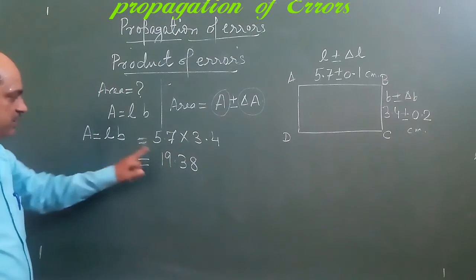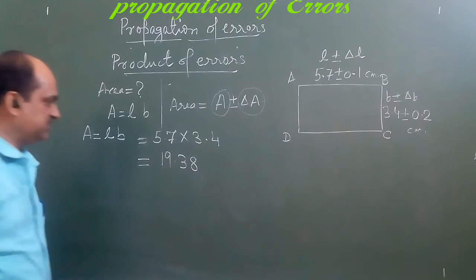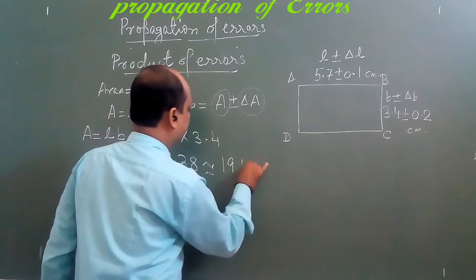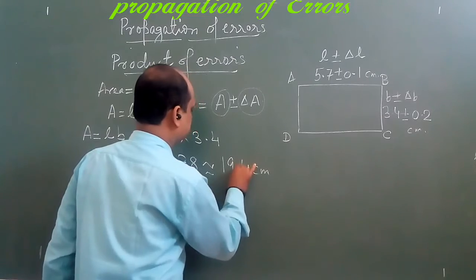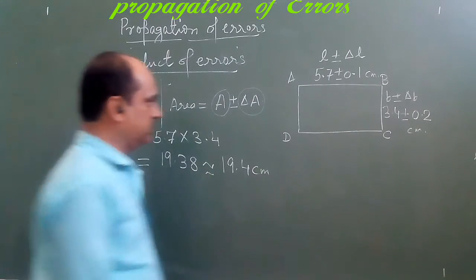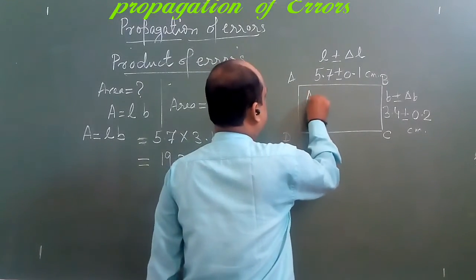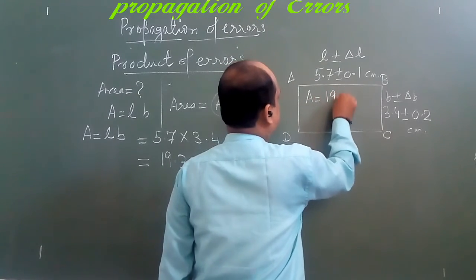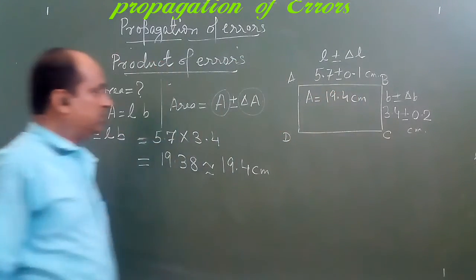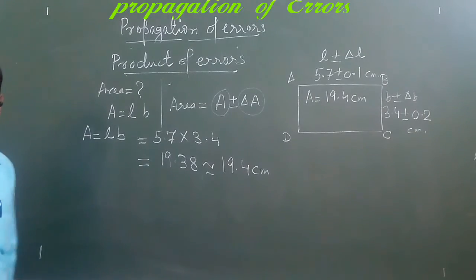We take one digit after the decimal, then it becomes 19.4 centimeter square. So this is the value of A. I am writing A as 19.4 centimeter square. Now we have to find delta A.